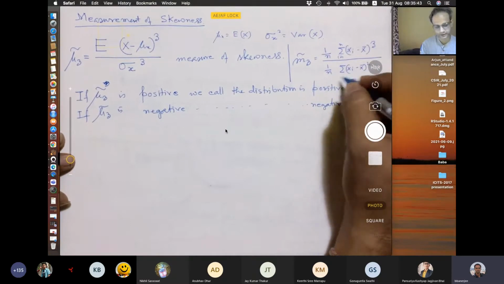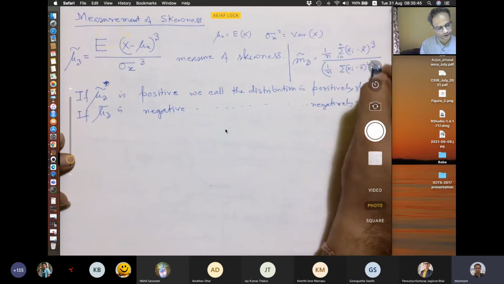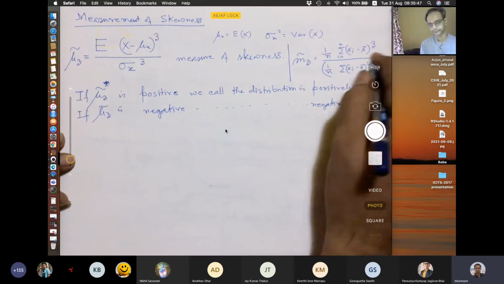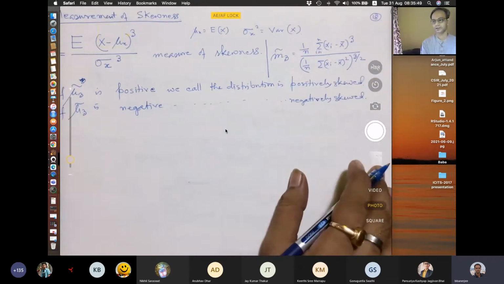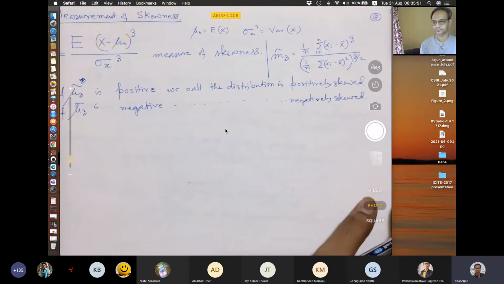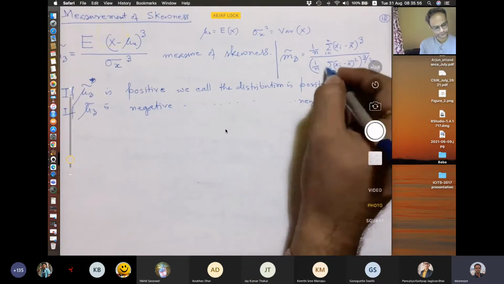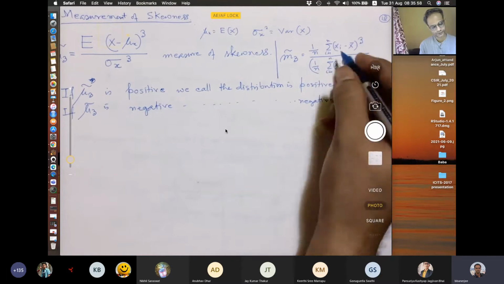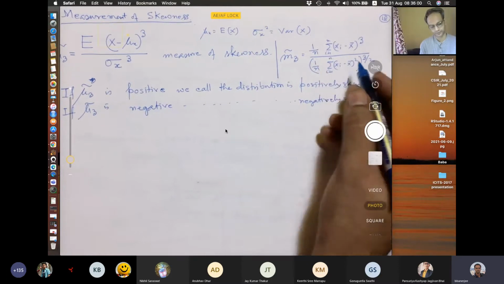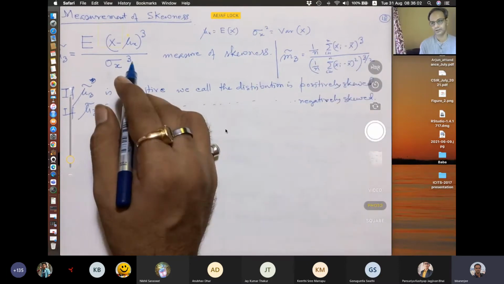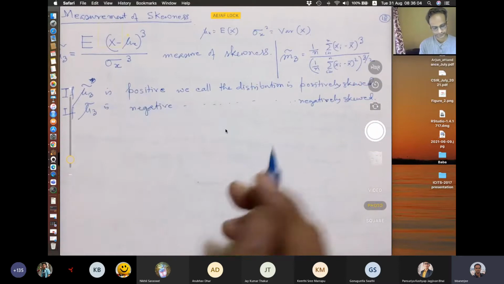This is the variance, and you need to take its power 3 by 2. So this is the data counterpart. From data you measure in this way, and from the theoretical PDF or PMF you measure theoretically.